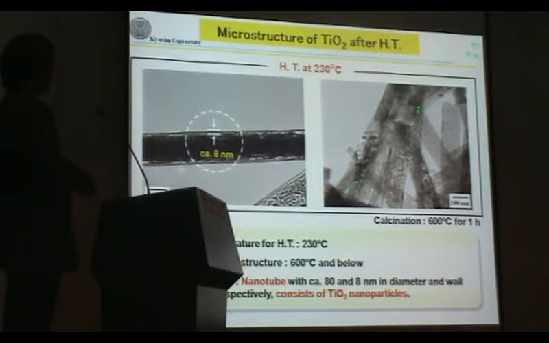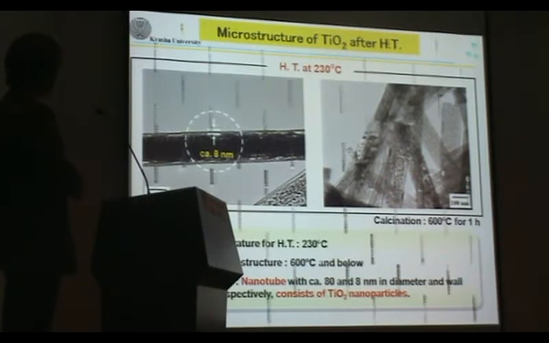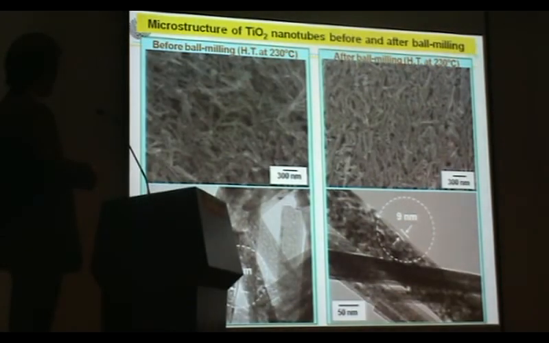This nanotube consists of nanoparticles. We deposited the nanotube on the aluminum substrate by so-called drilling, so that the size was kept at a constant value.